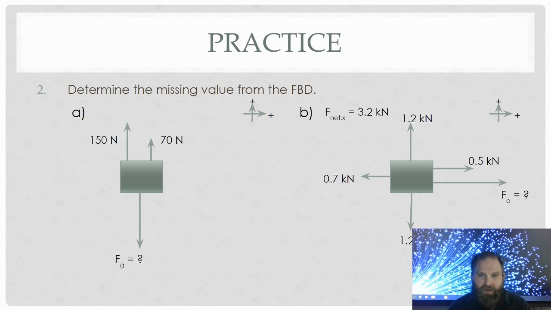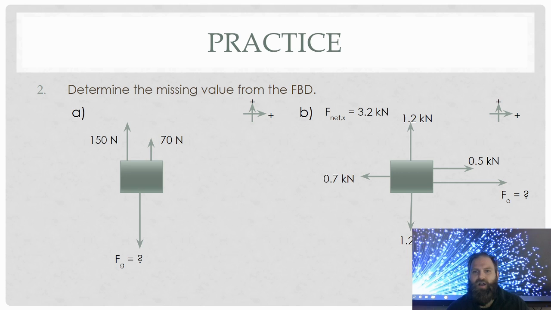For part B, it tells us what the F net in the x direction is. It says it's 3.2 kilonewtons. If we wanted to translate that to just newtons, it'd be 3,200 newtons, because remember, kilo means there's 1,000 of that unit. To fill in the blank, we have some applied force here. We don't know what it is, but we can figure it out.